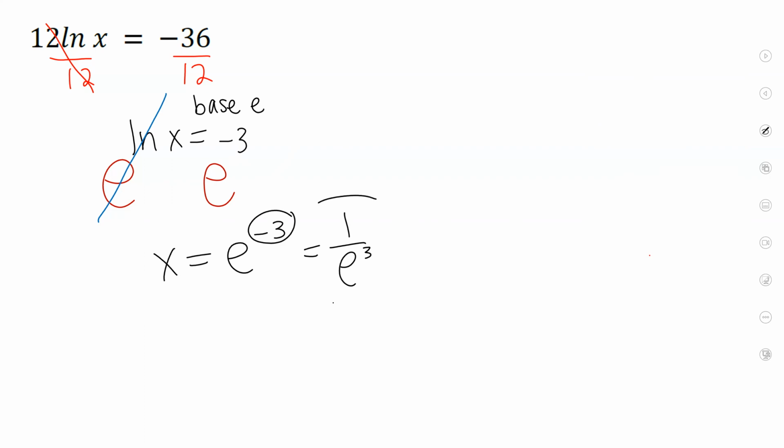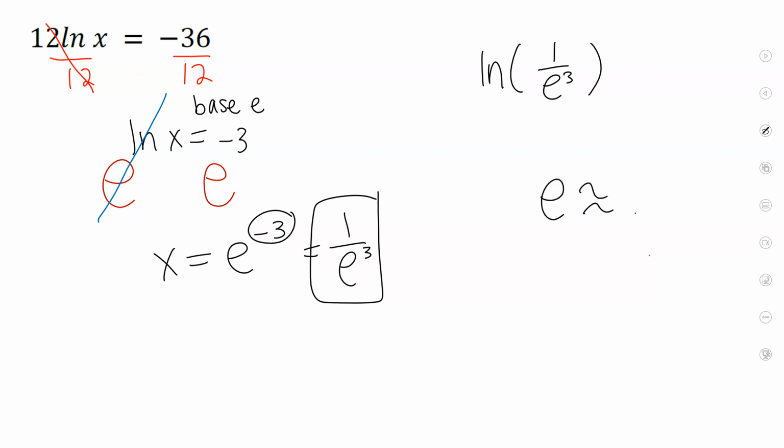Okay, so that's your final answer. Let's check it. If you plug this answer in here, it's still positive. And just in case you're curious, E is approximately 2.718, and it just goes on forever.